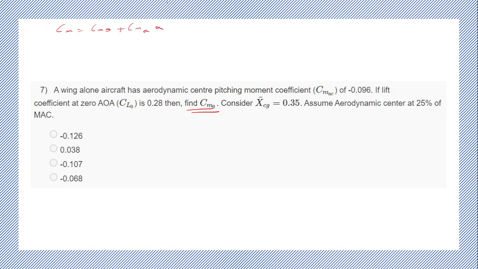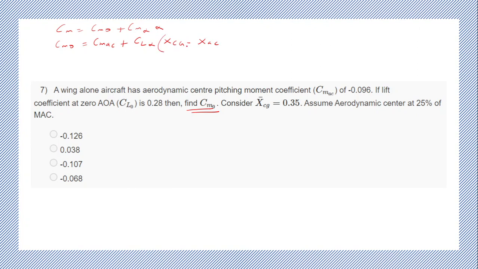Then how do I proceed? Cl alpha into xcg minus x.